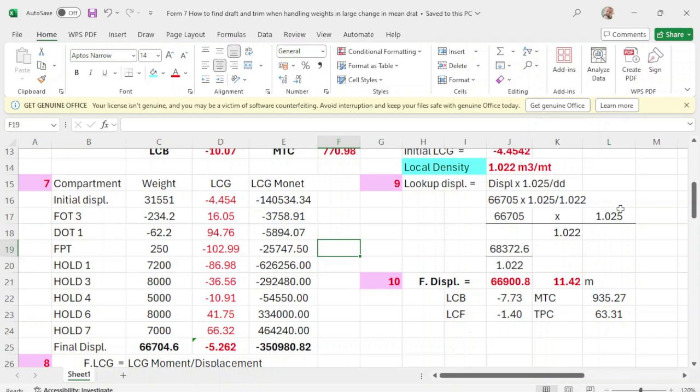Displacement times salt water density is 68372 over 1.022, the new or local density.